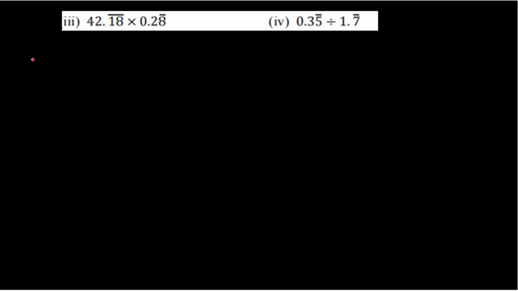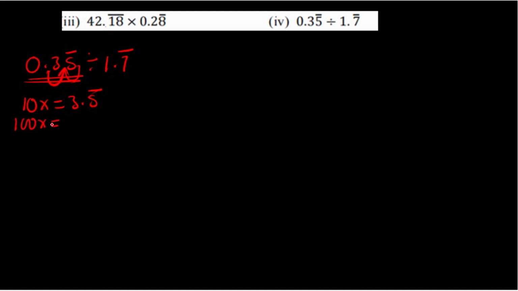So on the other one, we have 0.35 divided by 1.7. If I may ask, which one here is repeating? It's 5. So we need to get this point in front of the number that is repeating, which is just 1. So it will be 10x equal to 3.5, like that. Then we need to get this point behind the number that is repeating, which is 1, then 2.